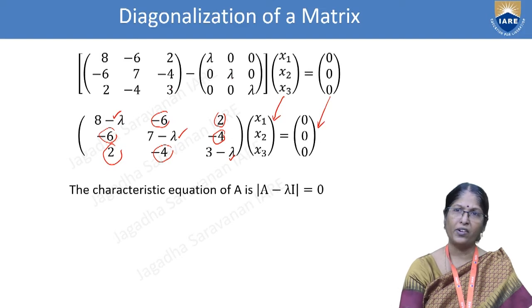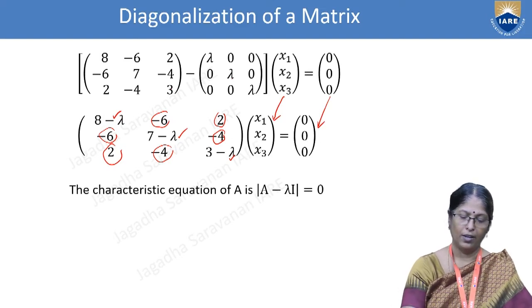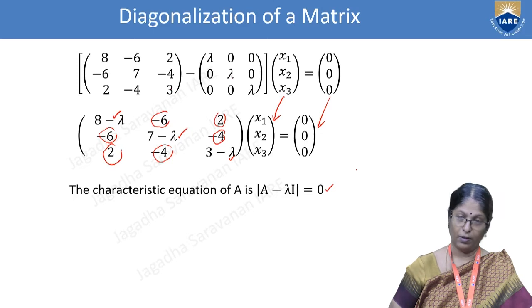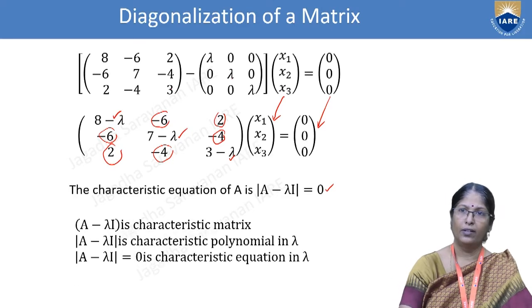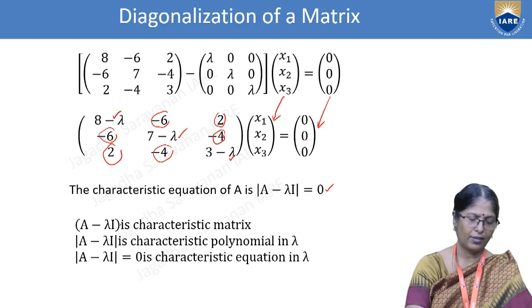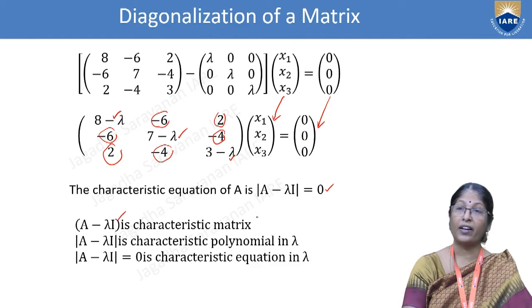Now, the characteristic equation of capital A is determinant of A minus lambda I equal to 0. We have to remember these notations: A minus lambda I means characteristic matrix.